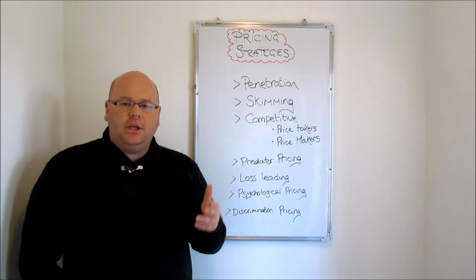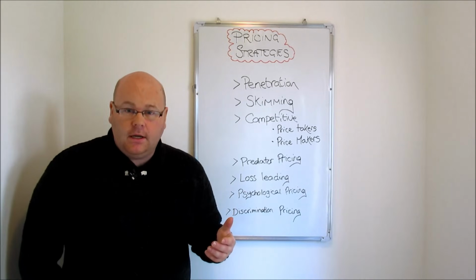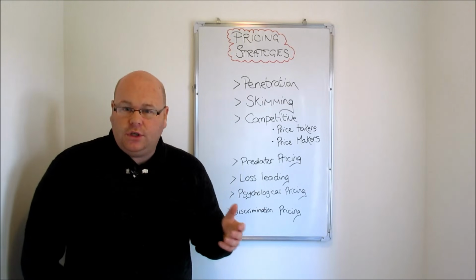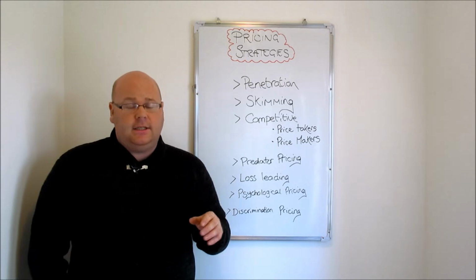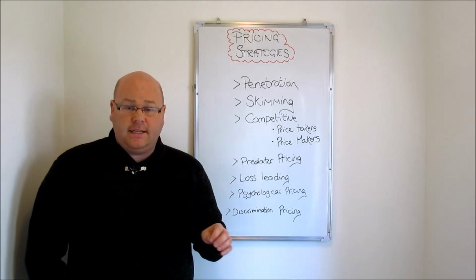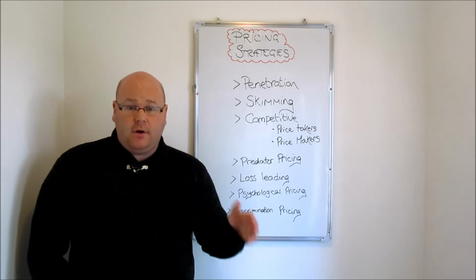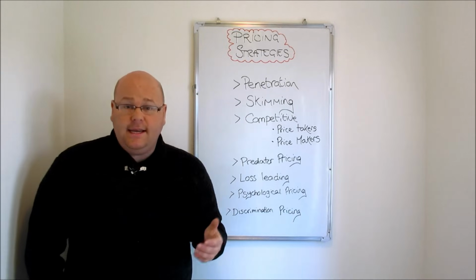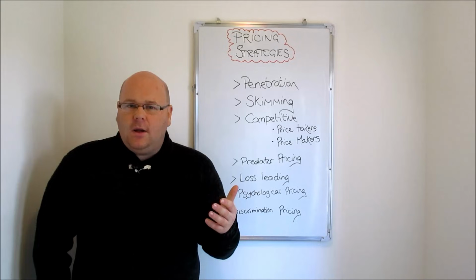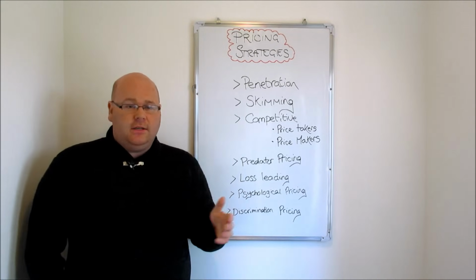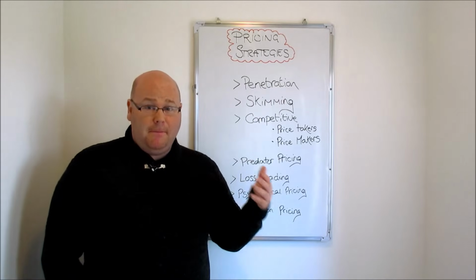Another pricing tactic that we might use alongside our strategies is known as discrimination pricing. Discrimination pricing is charging different market segments different amounts for the same product or service that they're experiencing. So cinemas will sell seats to see a film at different prices depending on consumers' age. So children may pay a cheaper price than an adult, or OAPs may pay a discount. Bars and nightclubs may charge ladies less for a drink than they will charge males.